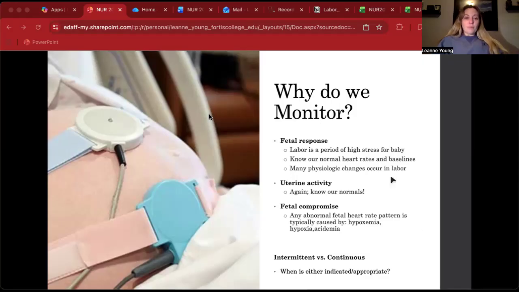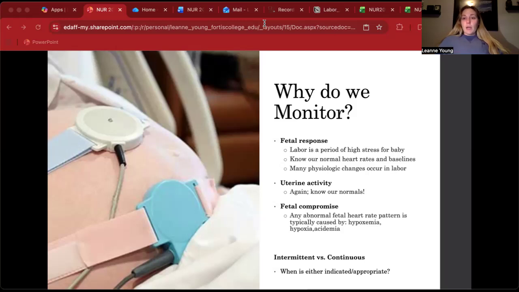Okay. When we're monitoring a baby, we can monitor them intermittently or we can monitor them continuously. Intermittent monitoring is reserved specifically for only healthy, non-complicated pregnancies and fetuses that are doing well in labor.